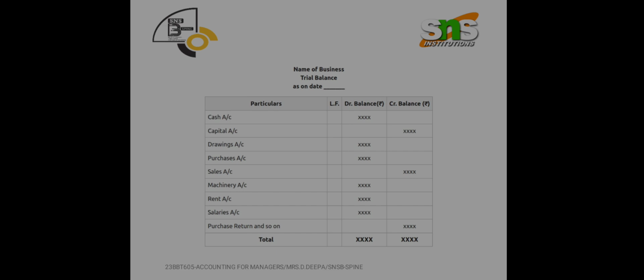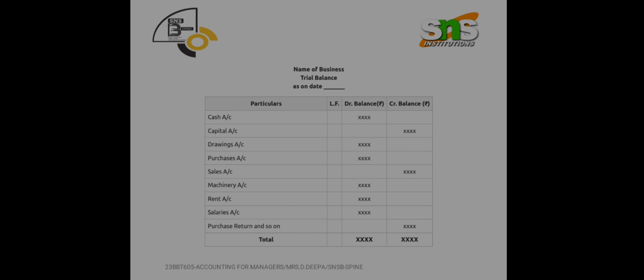The format is given here: particulars as the first column, ledger folio, debit balance and credit balance. There might be several entries, so many transactions, and all the entries are to be recorded here in the trial balance step by step.